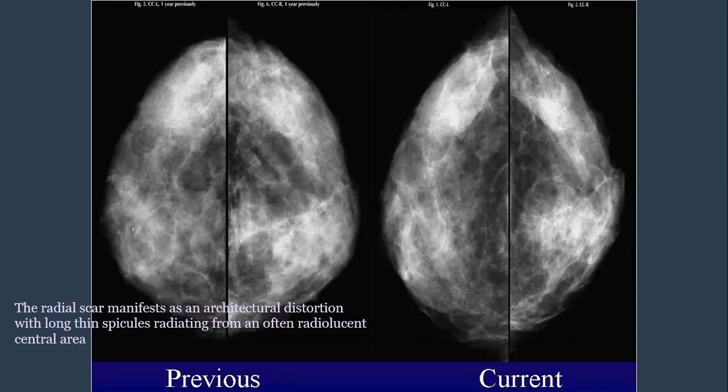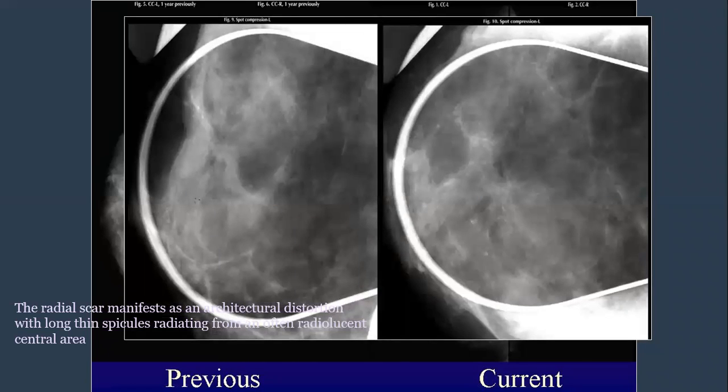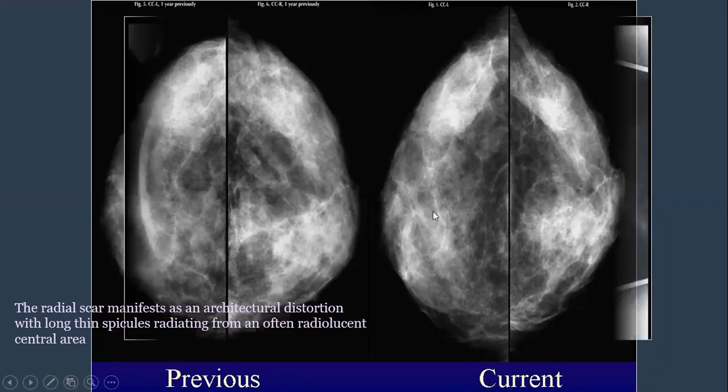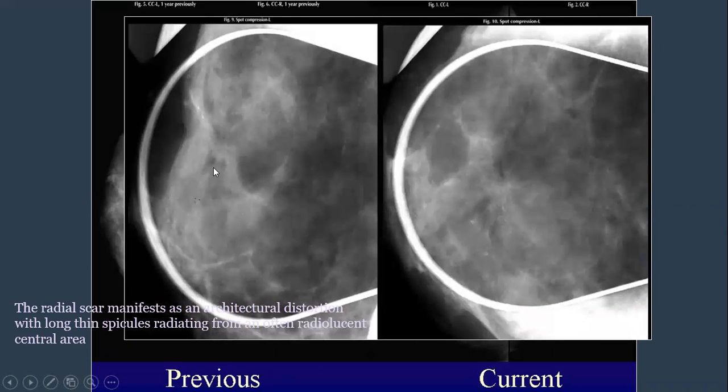Excellent, at the right breast, in the central retroareolar area. Well done. Central, yes, anterior. Yes, exactly. That is the region. You see, this is the lesion, and it was a radial scar also.